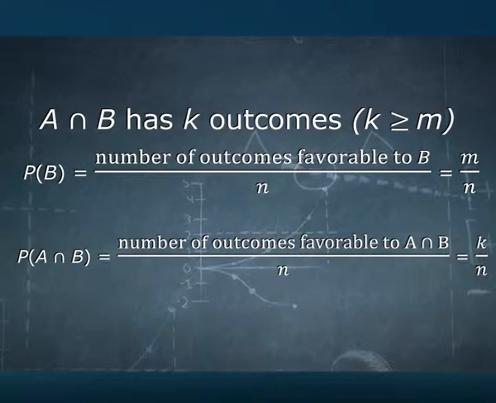Now we compute probability of A given B, the probability that event A occurs given that B has already occurred. Since we assume B has occurred, our thinking may be restricted to set B as our new sample space.